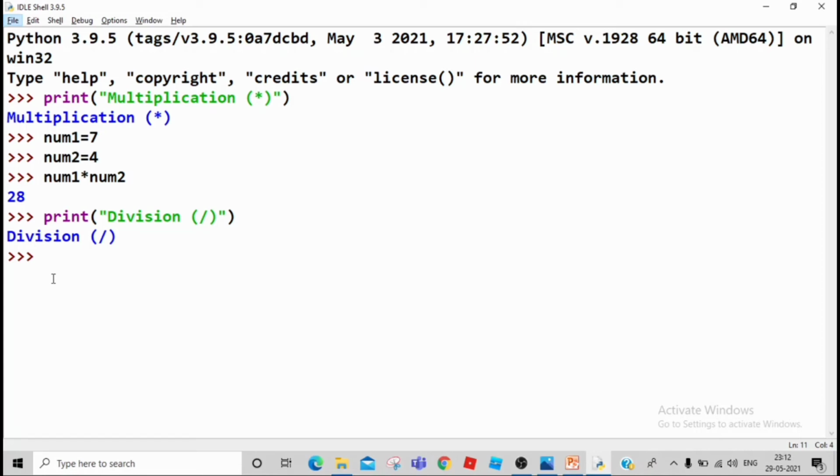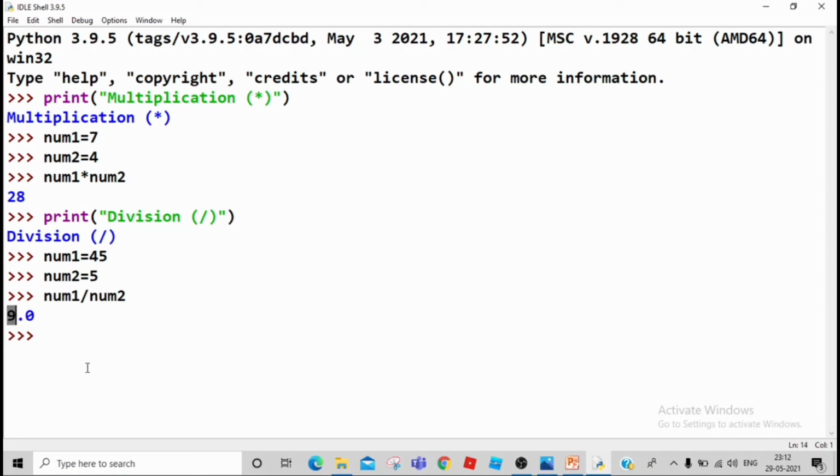So I'm going to give you one example as number 1 is equal to 45 and number 2 is equal to 5. So now I'm going to divide both of them. Number 1 divided by number 2. So here comes my result, which is 9.0. Just ignore the 0. So my answer comes as 9.